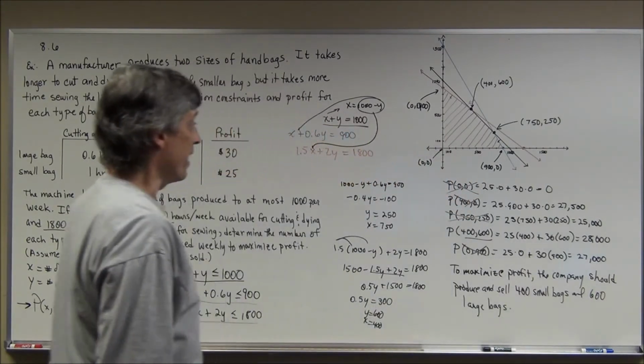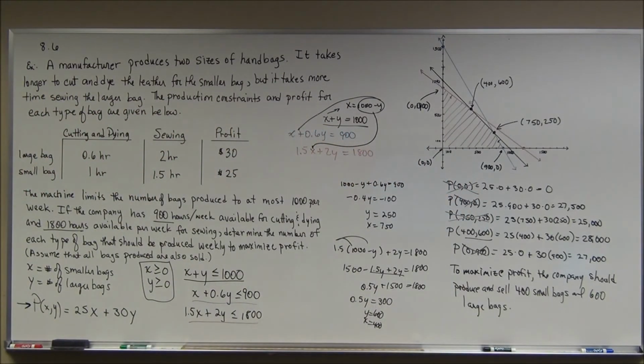And that would give us a maximum profit of $28,000, excuse me, and that would be the profit for the week, which is pretty good profit as far as I'm concerned. $28,000 attained from 400 small bags and 600 large bags.